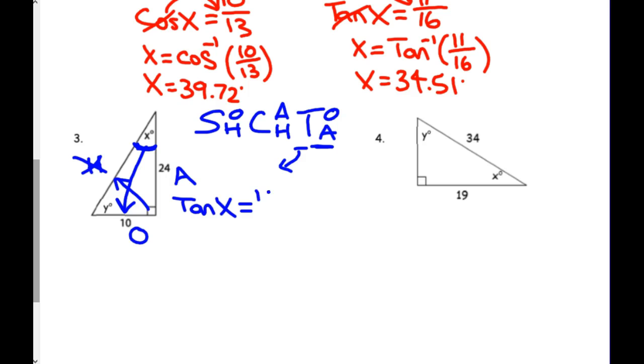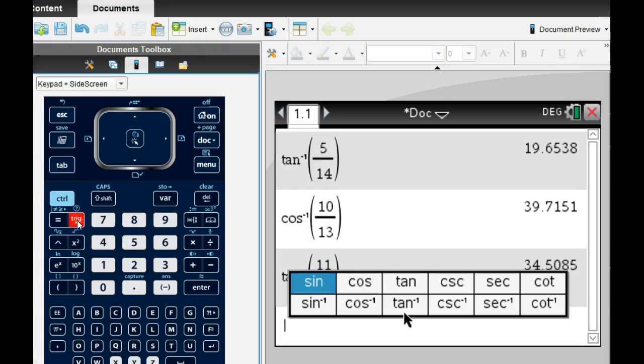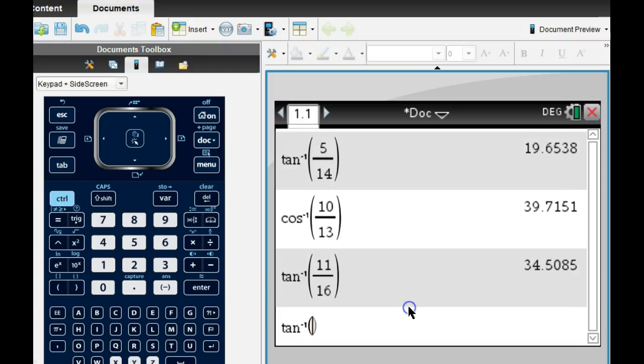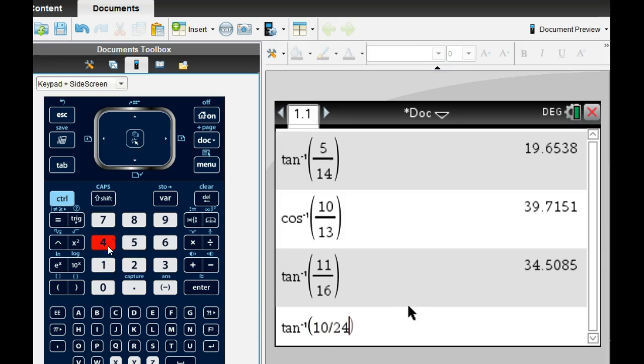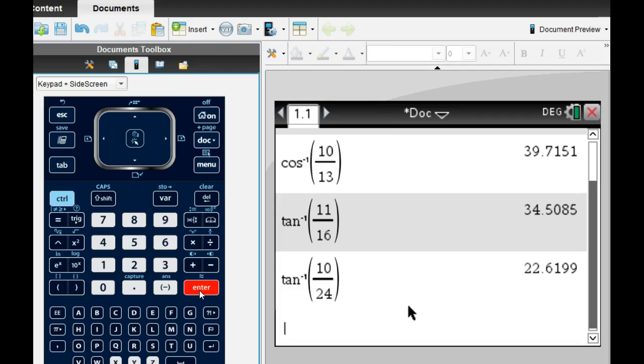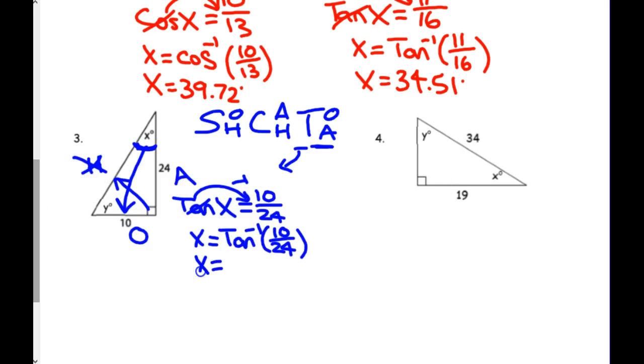O over A, so 10 over 24. Tan needs to go over, so we're going to make it inverse, tan inverse. So x equals tan inverse 10 over 24. Let's type that in. 22.62. Very good. Degrees.